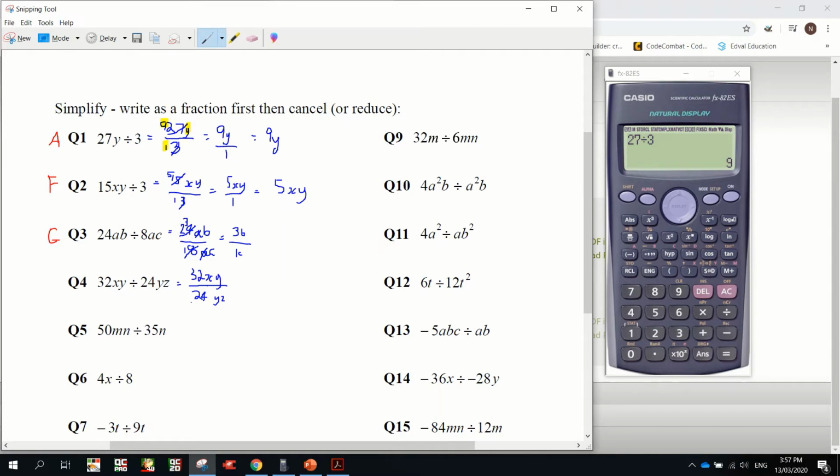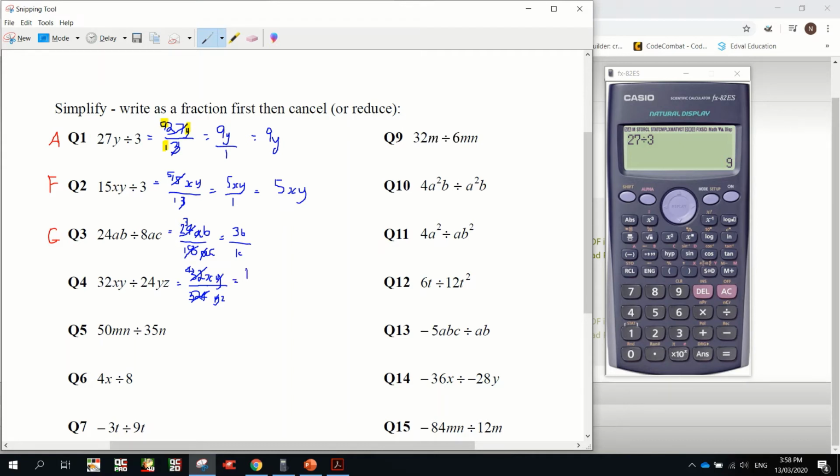So let's see, 8 into 24 goes 3. 8 into 32, 4. X, and there's no X down here, so he stays. A Y and a Y, so they can cancel out. Okay, what are we left with?